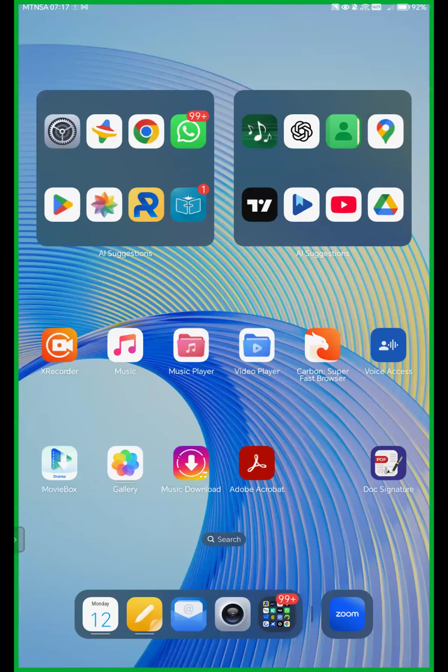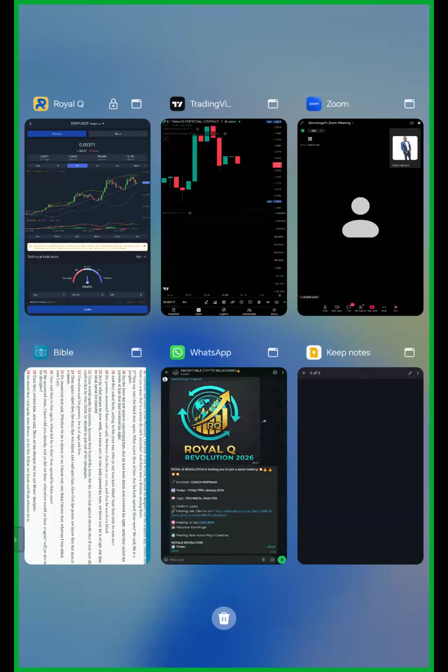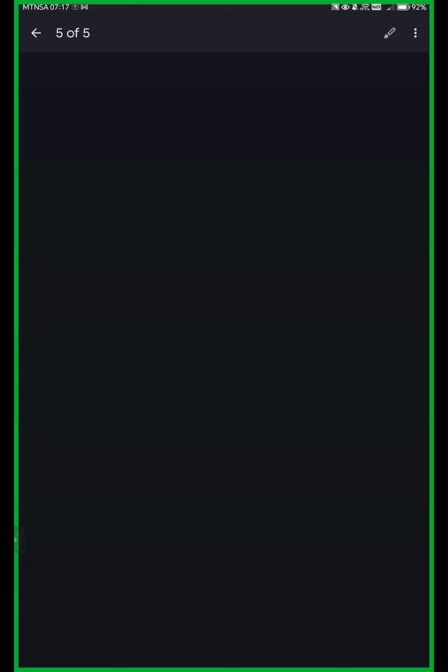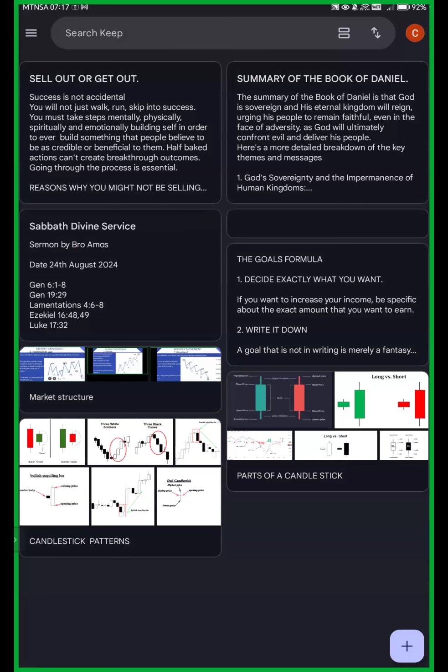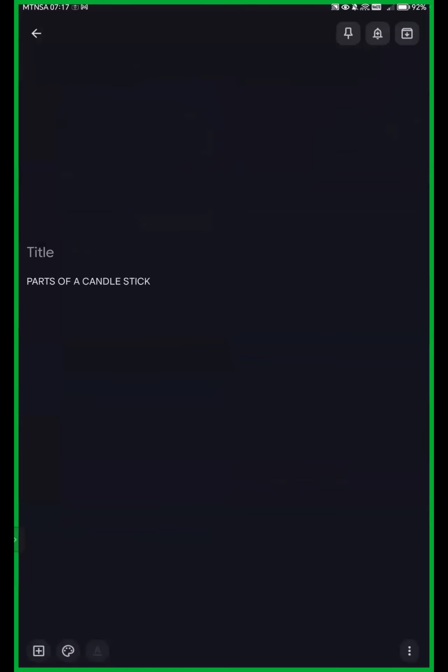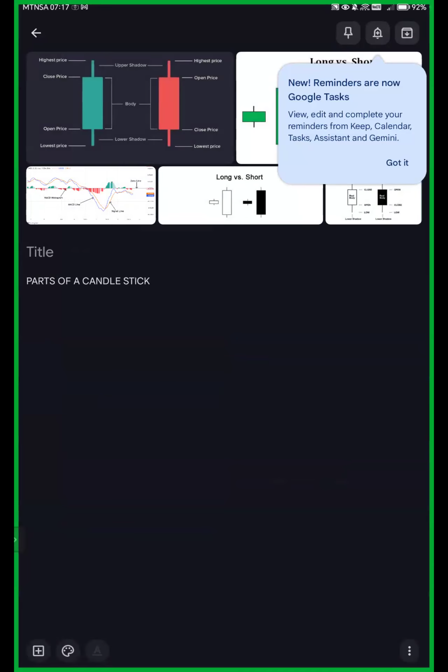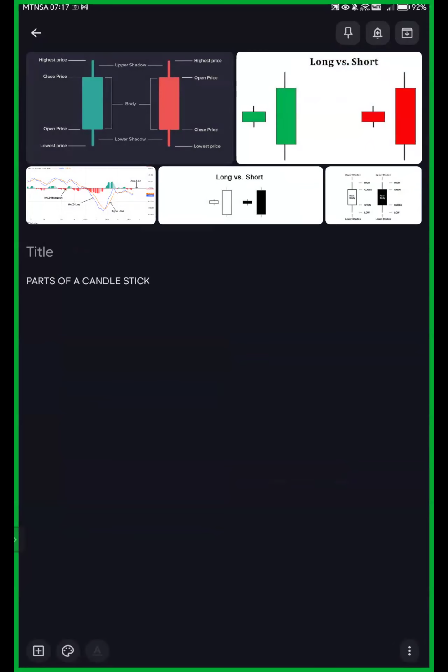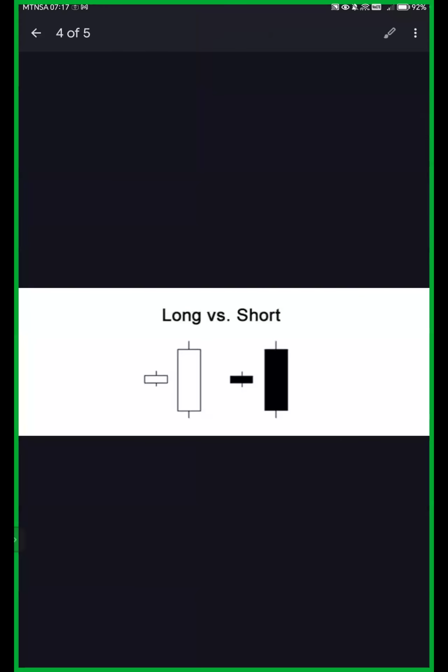Let me bring this slide here. So now we have come to realize the parts of a candlestick.